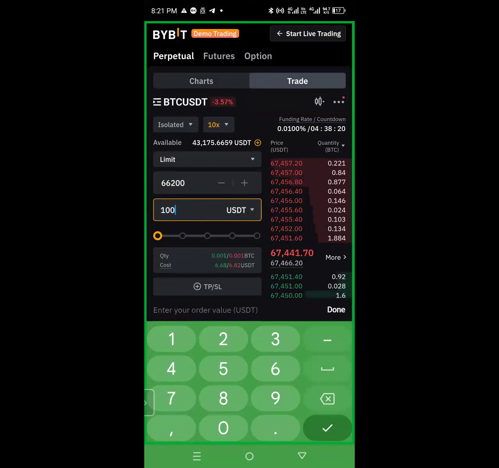Can you all see what I'm talking about? Below this, there's cost. Cost is currently showing 6.668.